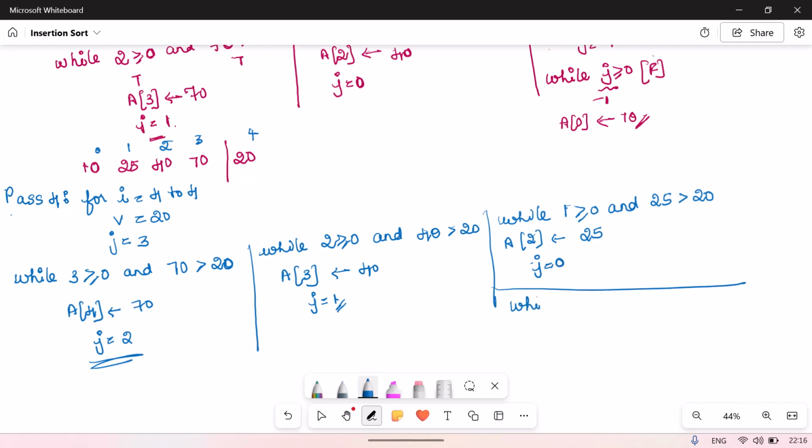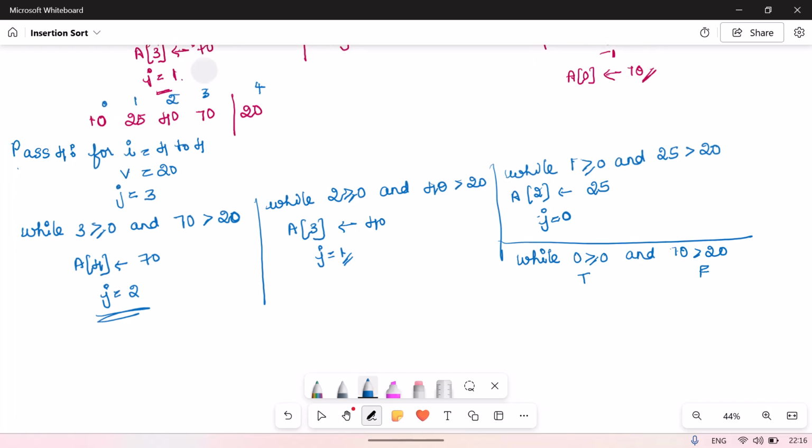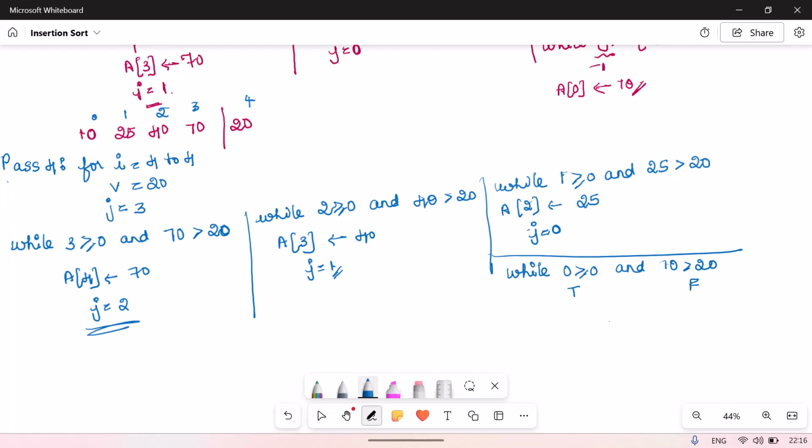While 0 greater than or equal to 0 and, in the last case, it is A of 0. A of 0 is 10. So 10 greater than 20, so this becomes true and this becomes false. So it will come out of the loop. Out of the loop means what are you supposed to do?